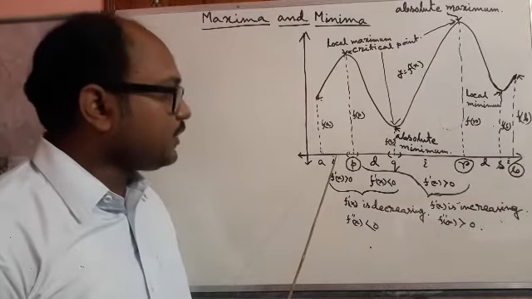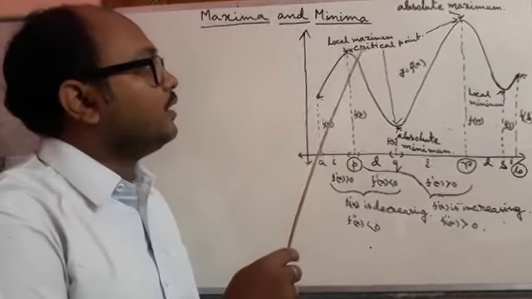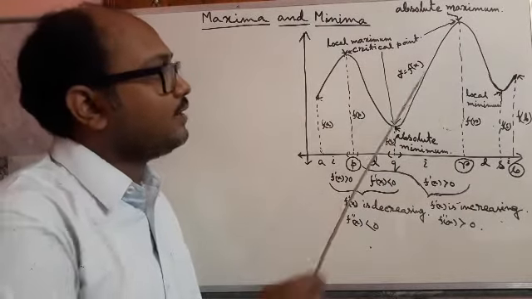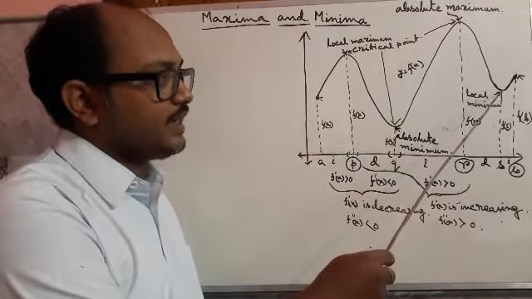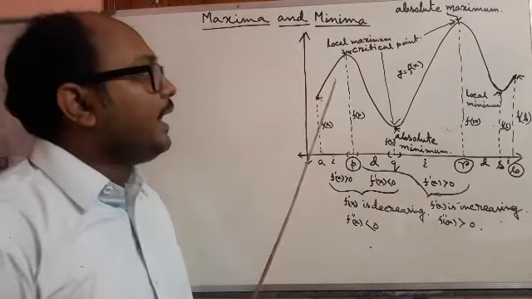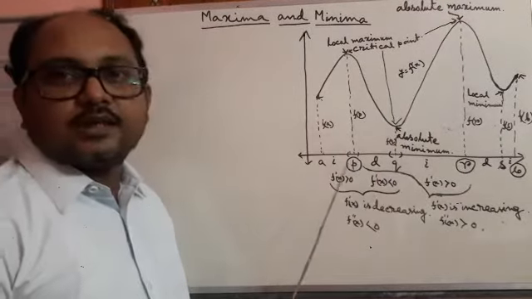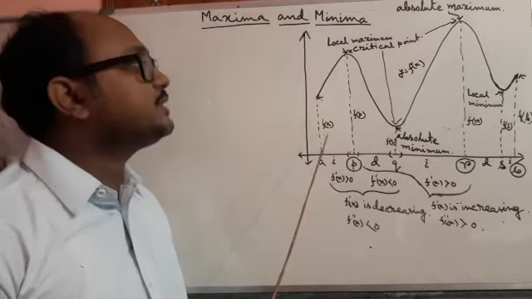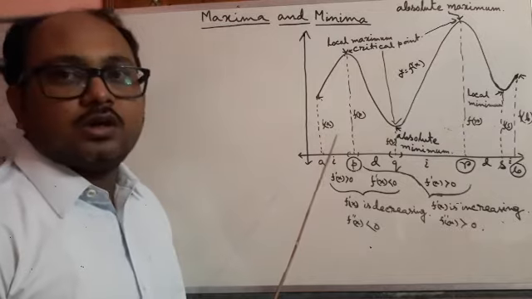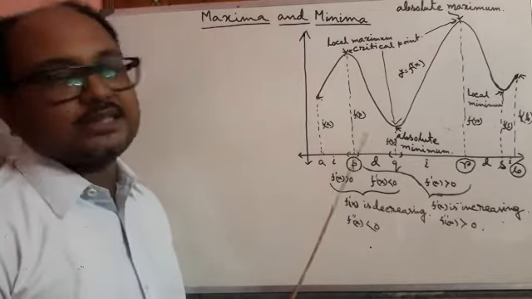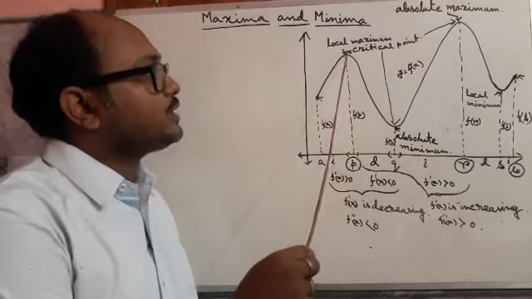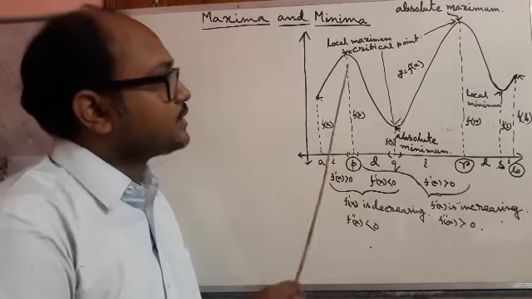You see, at these points where the graph attains its maximum or minimum value, the first order derivative f dash x is equal to 0.